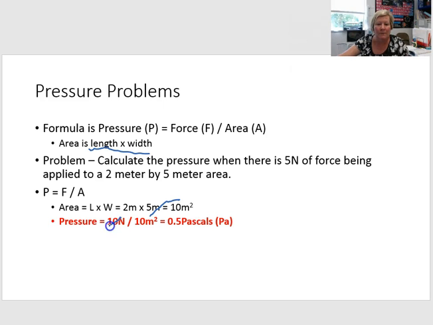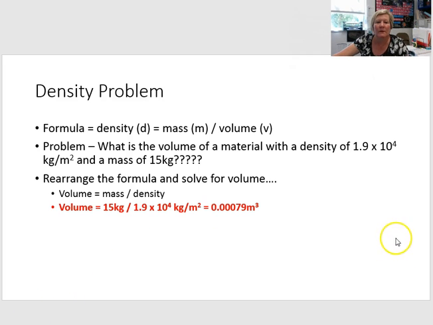So this is 5 newtons, not 10 newtons there, divided by 10 meters squared. And when you take 5 and divide it by 10, you get 0.5 pascals of pressure. So please note there that we have 5 newtons of force and not 10. Sorry about that. Let's go on to a density problem.